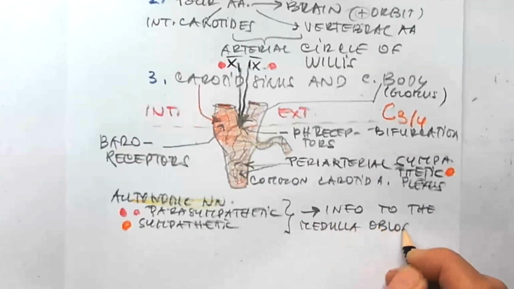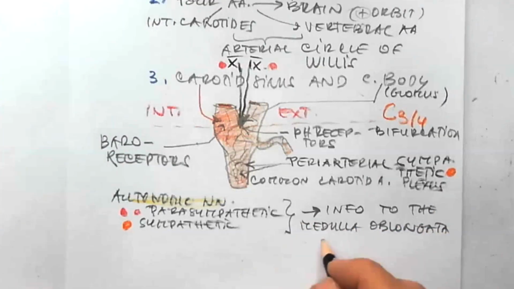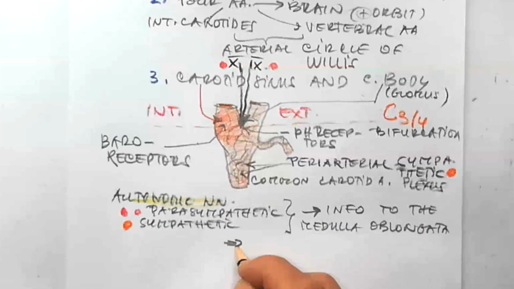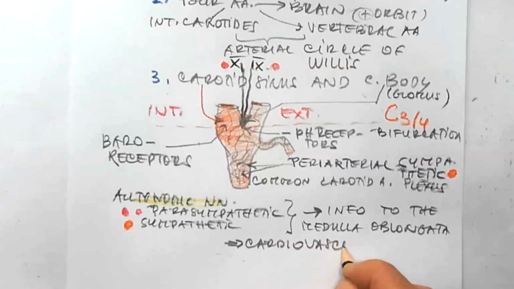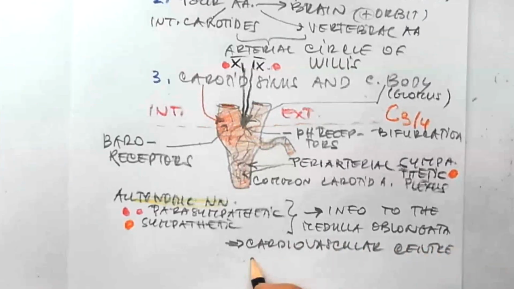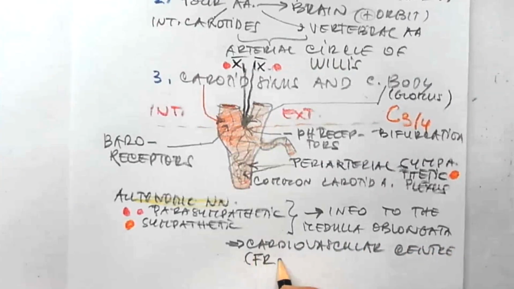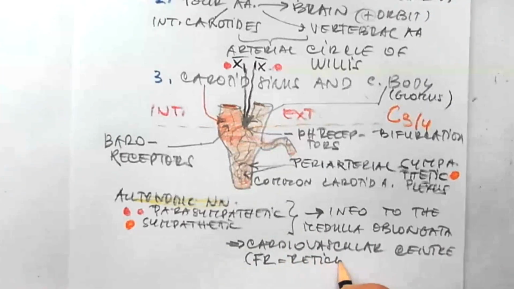We remember that medulla oblongata represents the brainstem. In the medulla oblongata is the cardiovascular center, which is situated in the formatio reticularis. Now we can just put the name reticular formation.